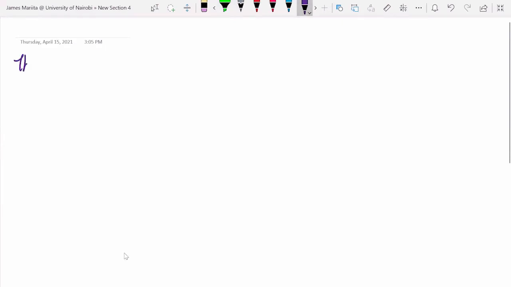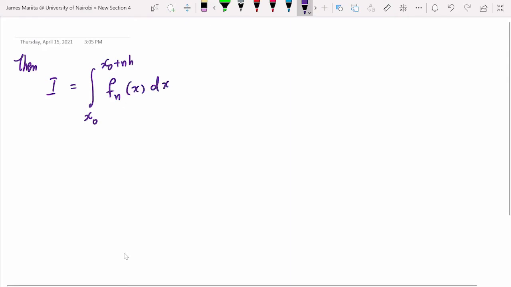Then that integral now becomes, we start from x0 to x0 plus nh of fn(x) dx.